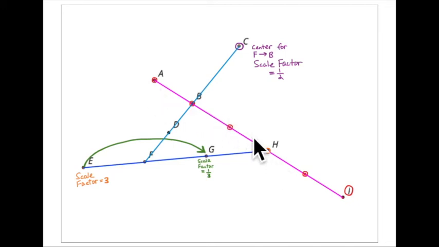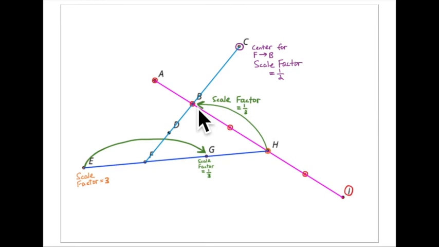Well, that tells you you're going to move it closer to A. So actually 1/3, this is 1 unit, 2 units, 3 units. So 1/3 is B. So H is going to go to B, which is the image. So scale factor of 1/3. So you're moving it closer to A. It's a scale factor less than 1.